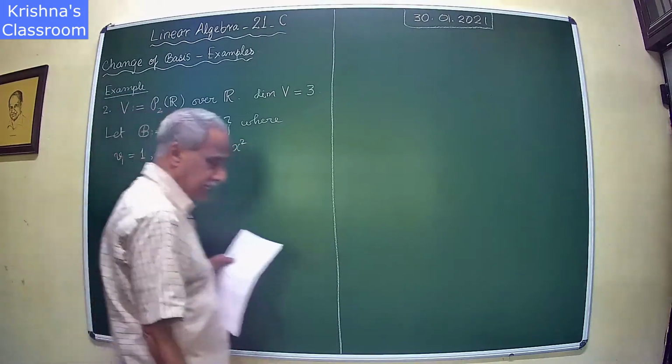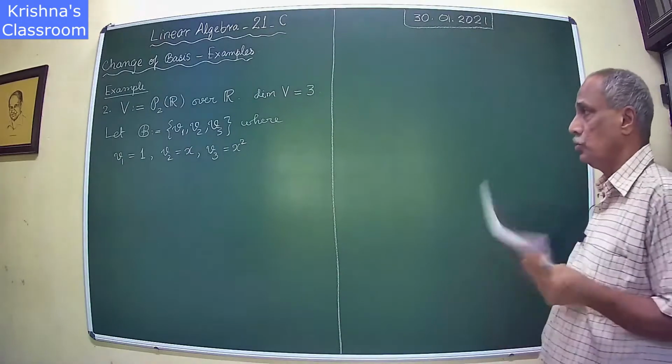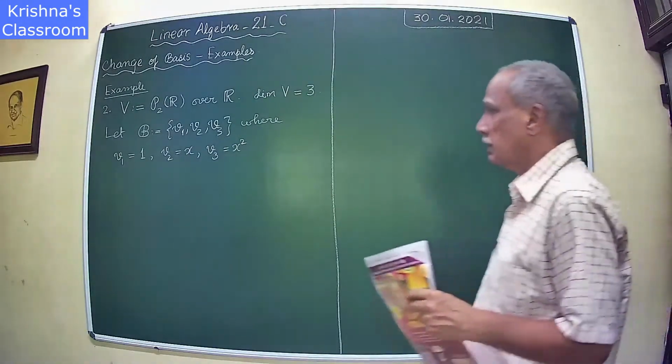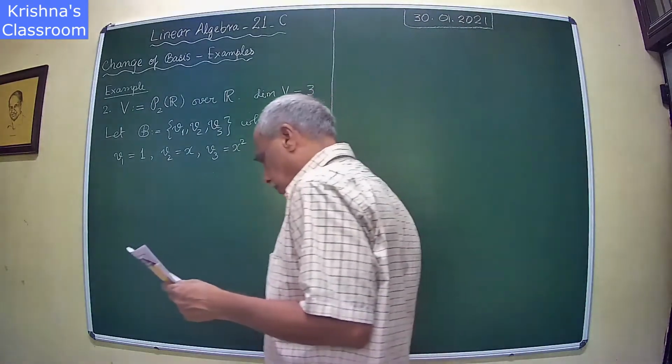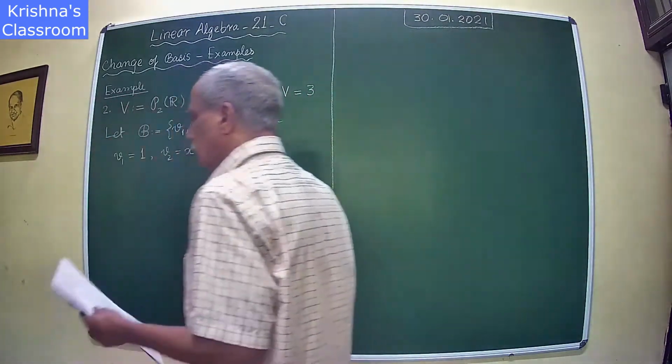Now this is the standard basis that we choose for polynomial spaces. The polynomials are of degree less than or equal to 2, including the 0 polynomial.